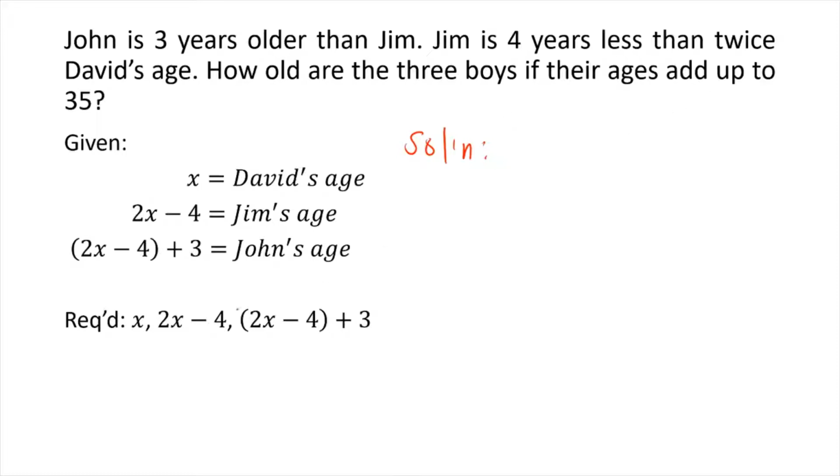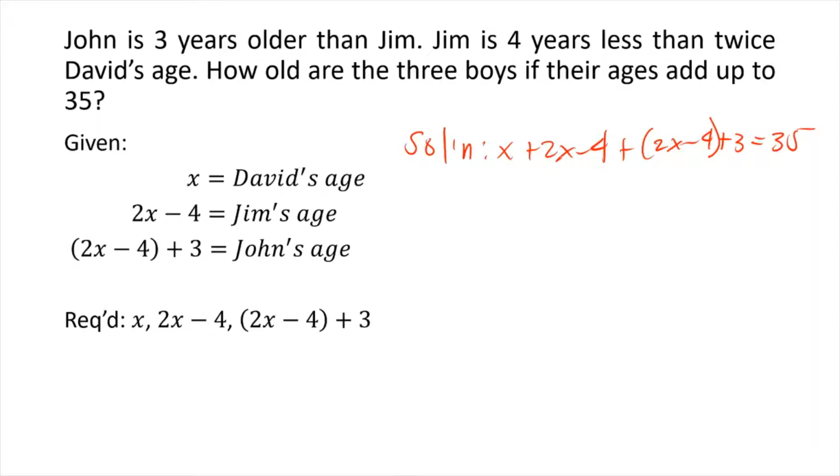So let's add their ages: x plus 2x minus 4 plus 2x minus 4 plus 3, and this must be equal to 35.